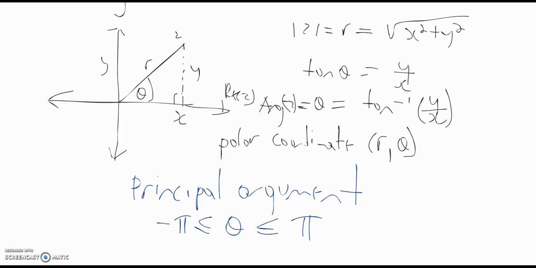And since negative pi and pi take us to the same place, we probably could remove the equal to sign there. So we could say theta is greater than minus pi, but less than or equal to pi in this particular scenario. Now let us look at some examples of how we find the polar coordinates.